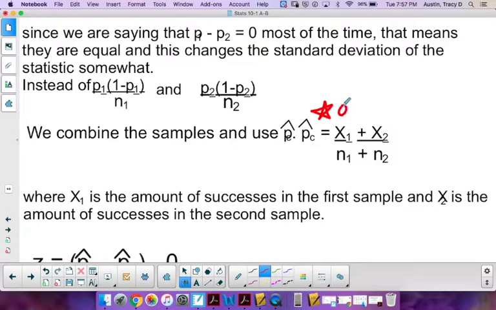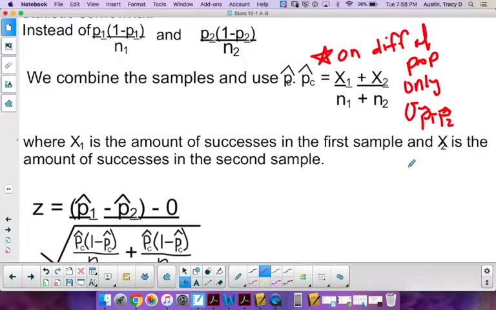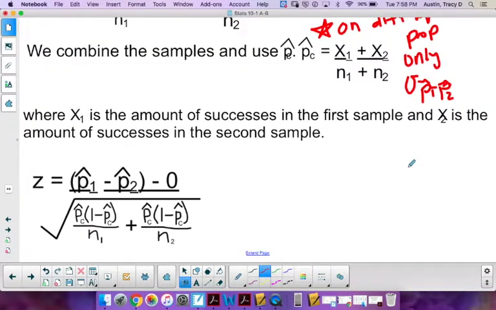This is specifically only for the difference of proportion and only on the standard deviation of it. Okay, not for anything else. Okay, so that's what our formula looks like now.